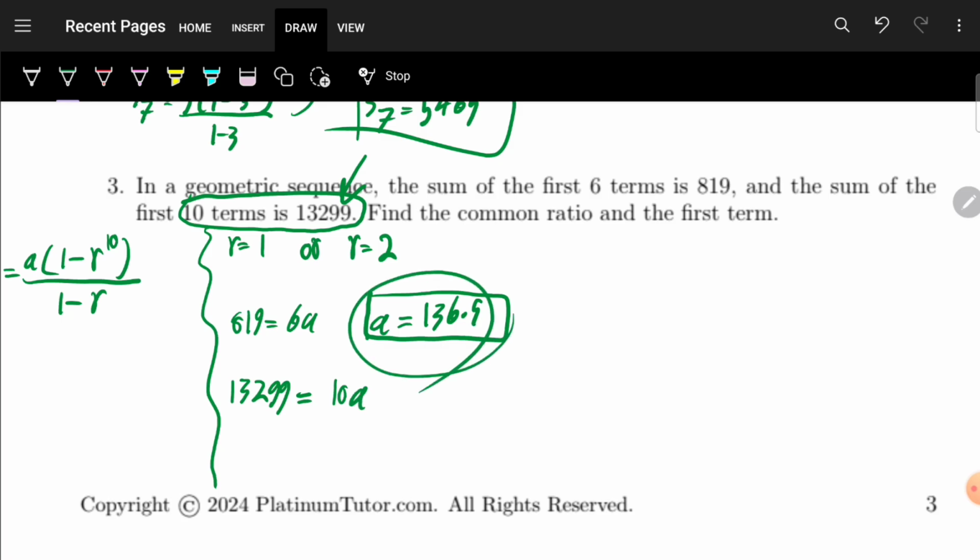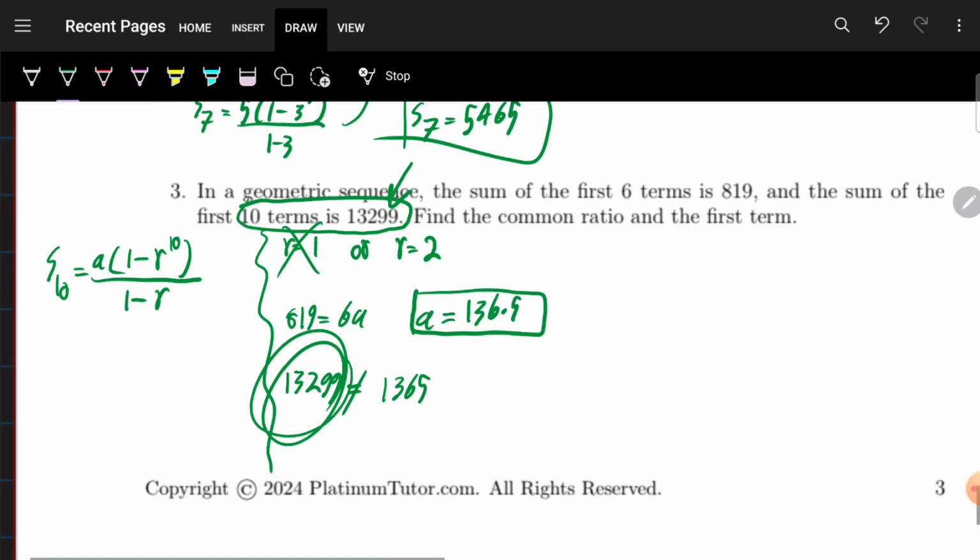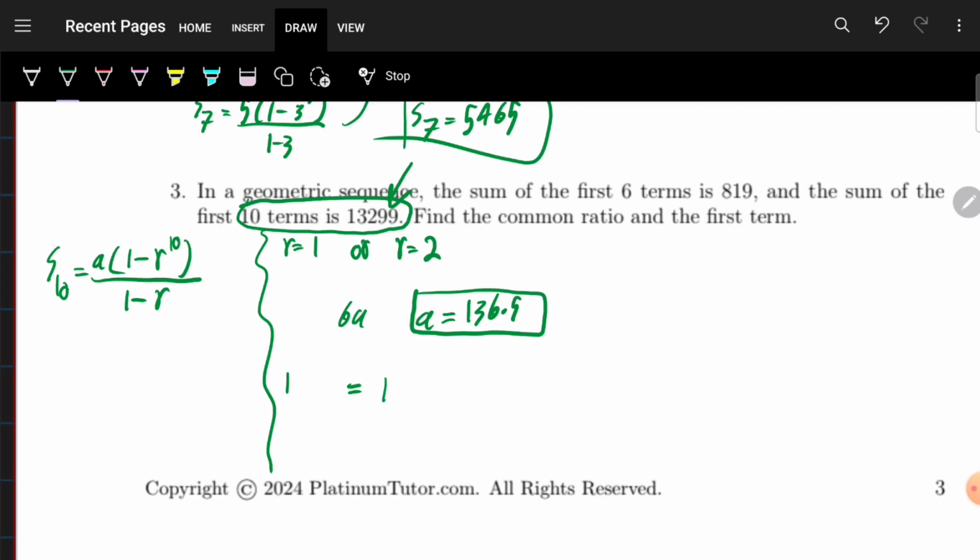Okay, so 10 times this. And if we do 10 times that, we get 1,365, which is not equal to this. So that's why r equals 1 doesn't work, right? If we test r equals 1, that doesn't work. So we're going to use r equals 2 instead. Okay, so we're going to erase this, use r equals 2.